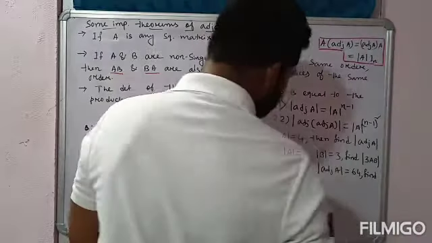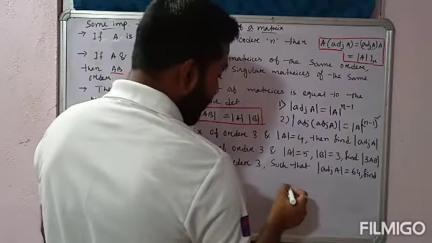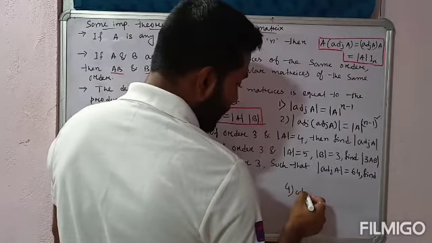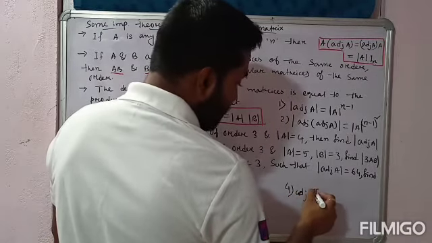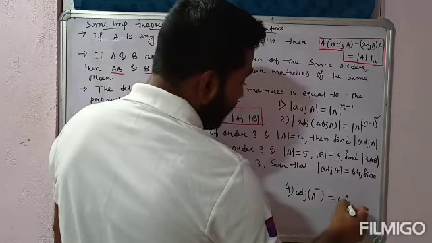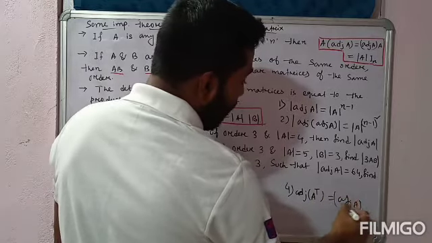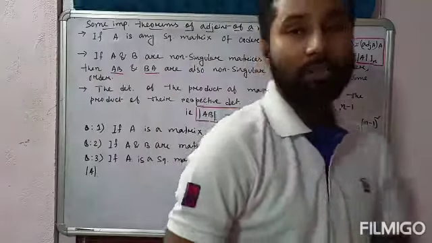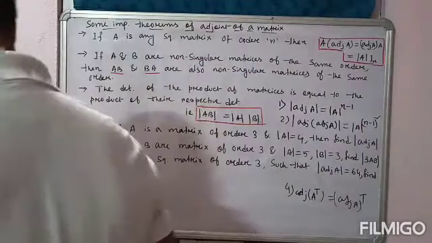This is the third property. And the fourth one was adjoint of A transpose is equal to adjoint A whole transpose.